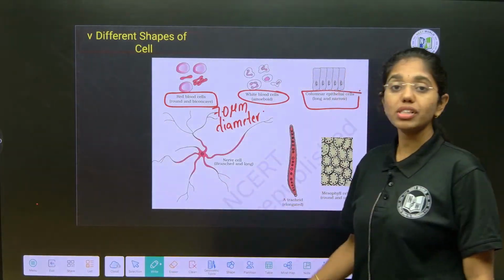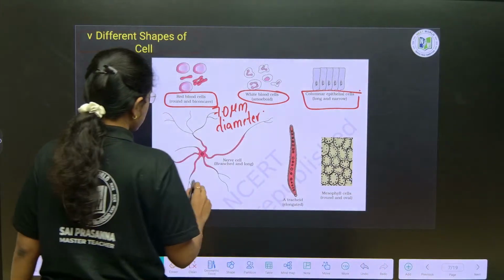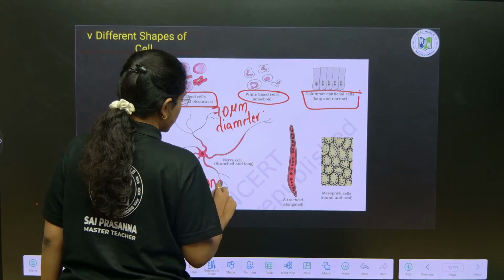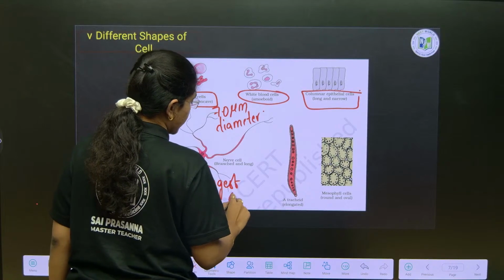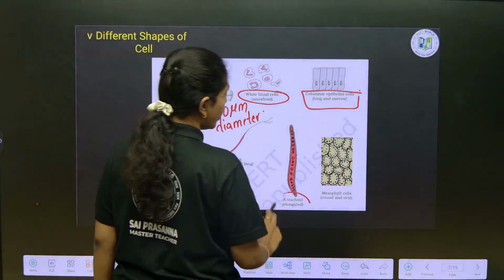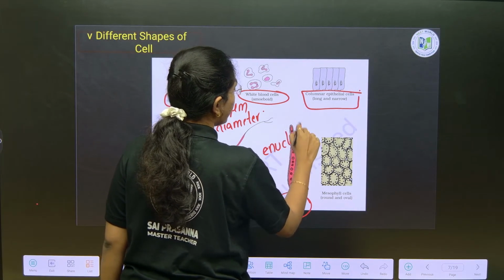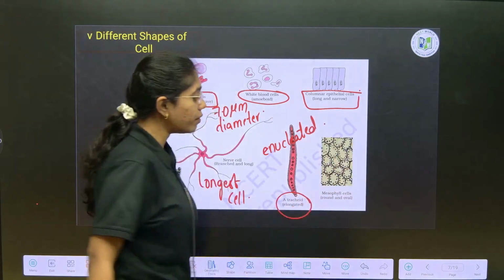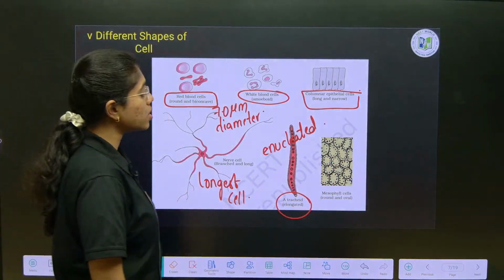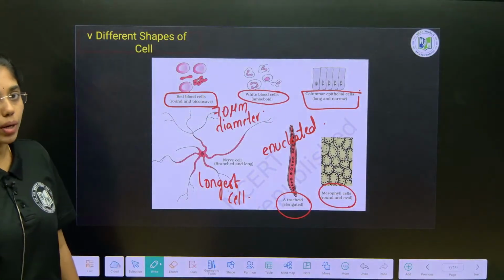Nerve cell is branched and long, and it is the longest cell. Tracheid is elongated and enucleated. And mesophyll cells are round and oval.